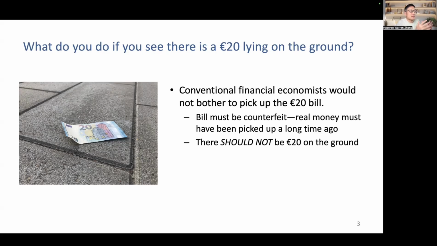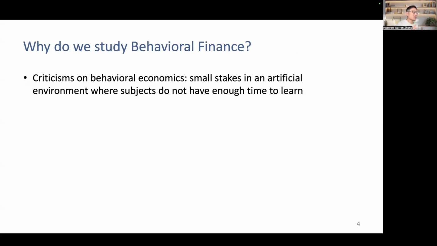That means if you assume rationality of people, as conventional finance theory assumes, then there should not be a 20-euro bill on the ground, so you would not bother picking it up. Now you may find it bizarre to have this kind of assumption. That is why we want to study behavior finance, to bring some realism to the theory of finance.